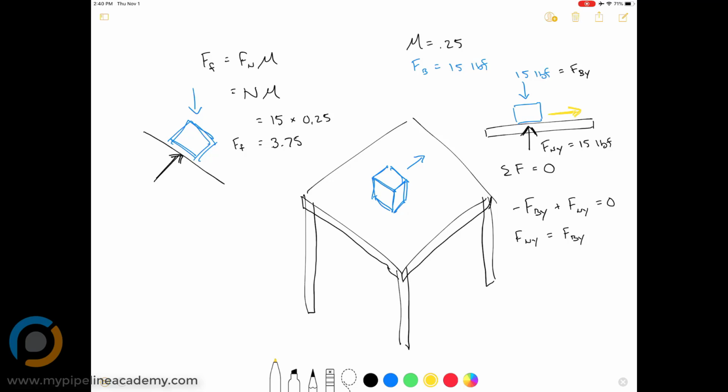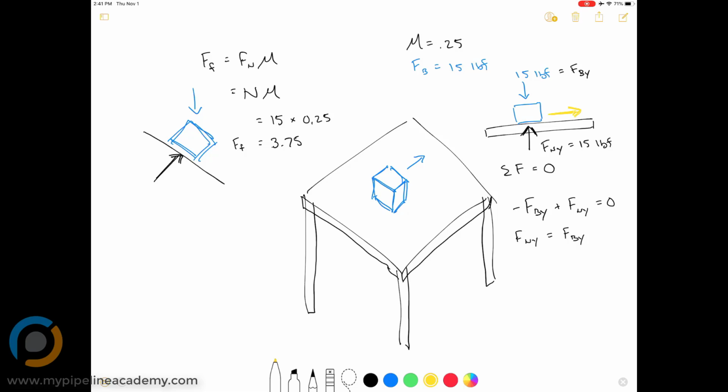Now, there's a difference between static friction and kinetic friction, or static frictional force and kinetic frictional force. Static frictional force is always going to be higher. That is the force required to start an object moving. And then the kinetic frictional force is the force required to keep that object moving. Usually, we're going to be more interested in static frictional force, because that's going to be the higher one.